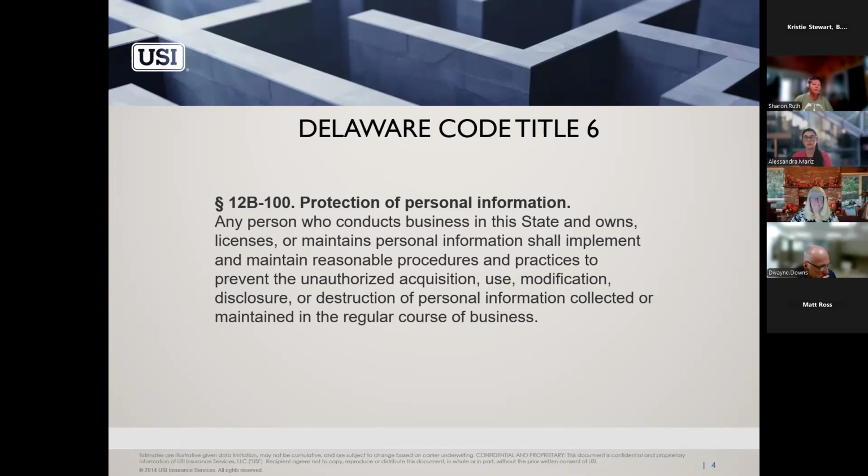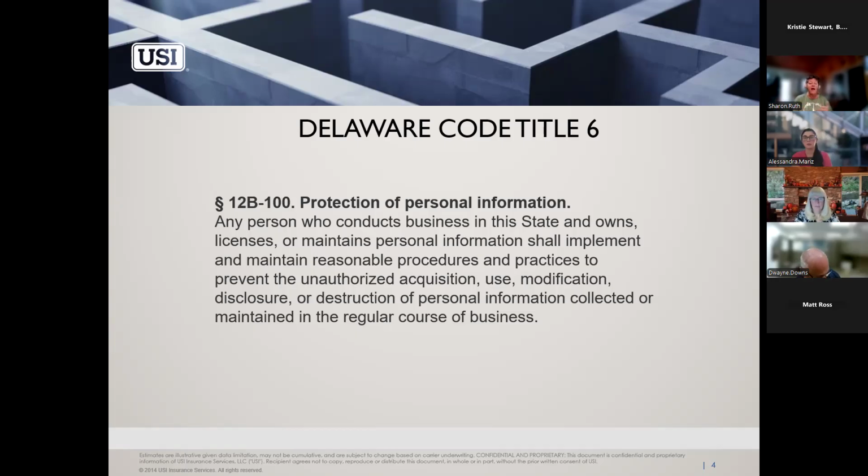So if you do have a breach that impacts this information, you're going to have a HIPAA problem. And then you're also going to have problems with the state and ultimately the federal government, because once it hits 500 or more individuals, as Dwayne said earlier, you've got to let HHS know.